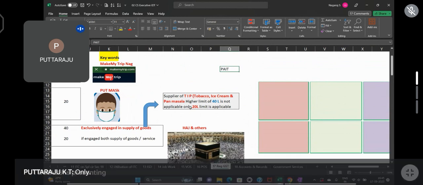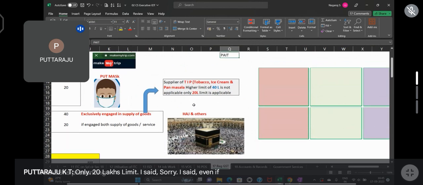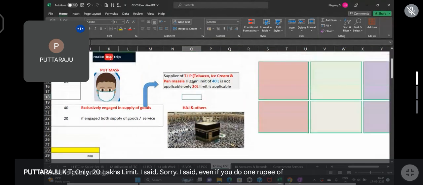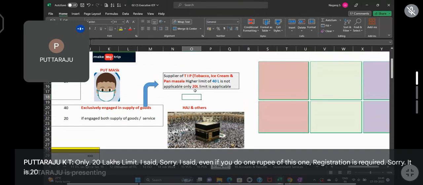I said even if you do 1 rupee of this one, registration is required. Sorry, it is 20 lakhs. The 20 lakhs limit is applicable.